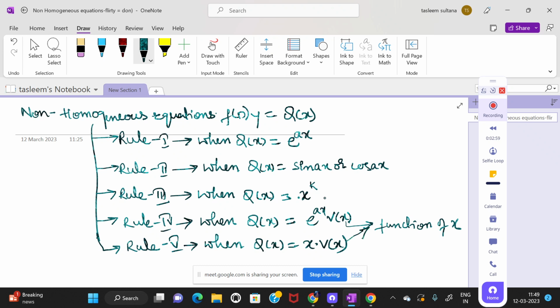Yes, is it clear, Aditya? Can you just write this down under your non-homogeneous equation?